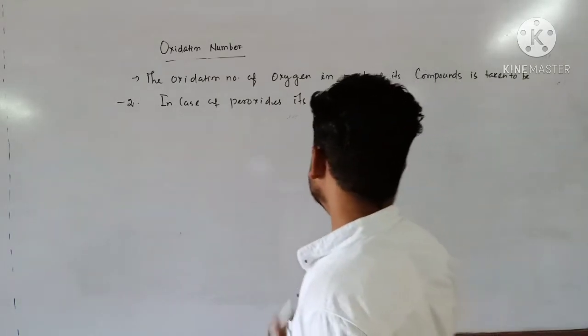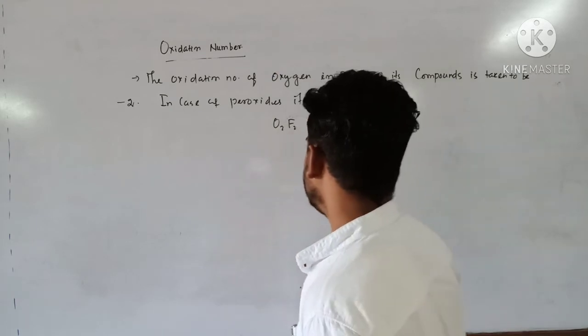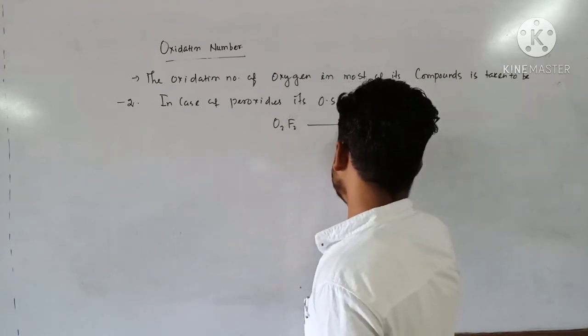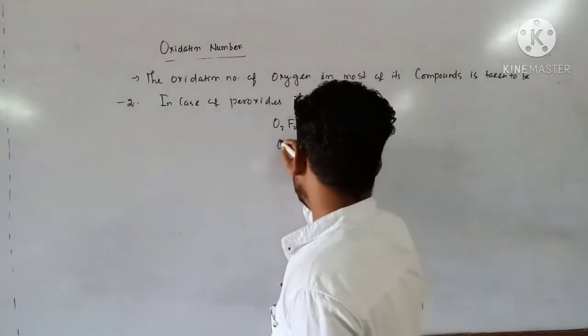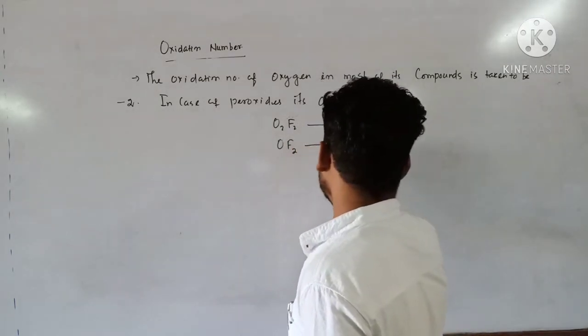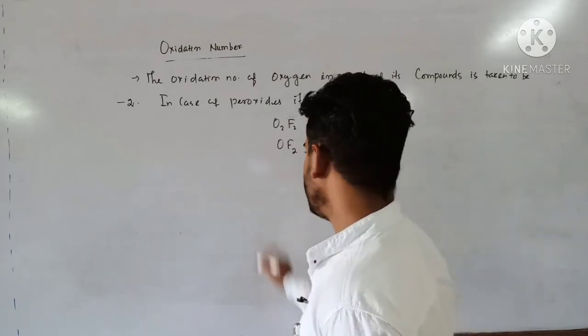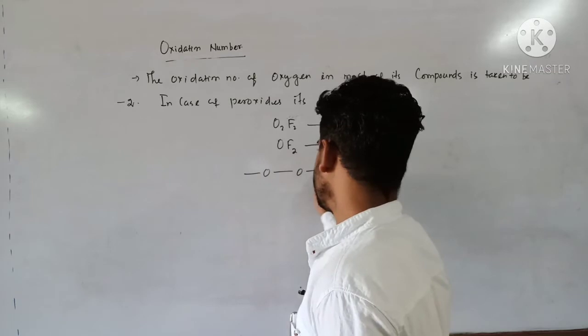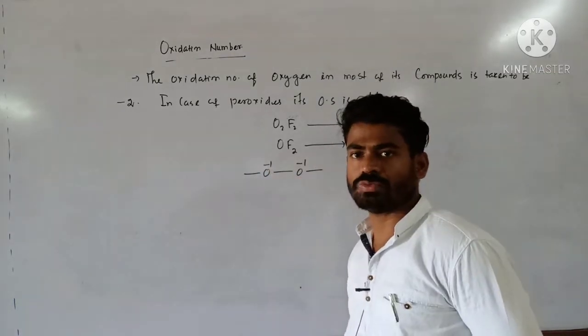There are a few compounds like O2F2, where the oxidation state of oxygen is taken to be +1, and OF2, where the oxidation state of oxygen is +2. Remember, in the case of peroxide linkage, the oxidation state of oxygen is always taken to be -1.